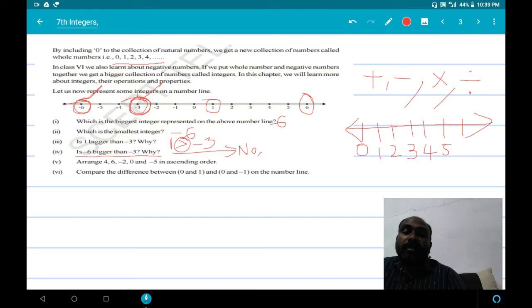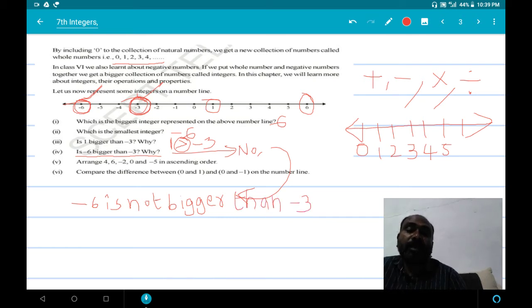So okay, right here minus 6 is not bigger than minus 3, because minus 3 is right side of minus 6.